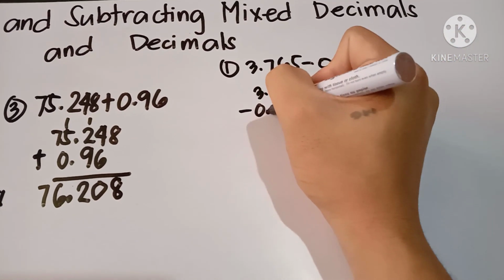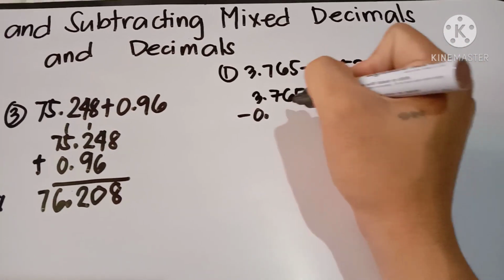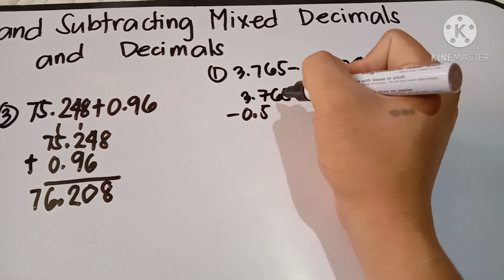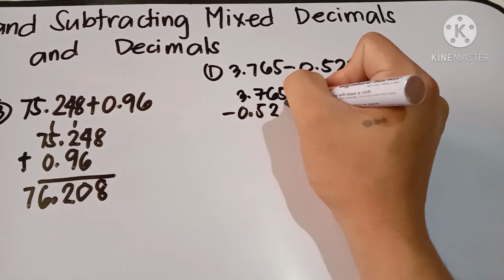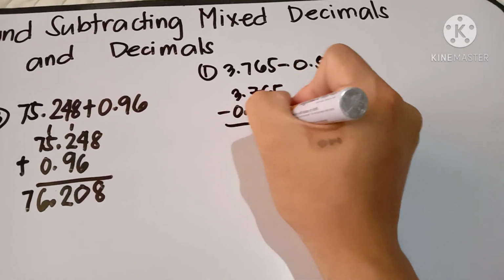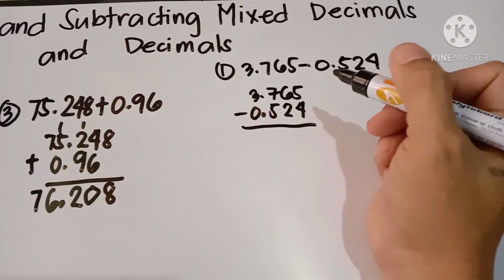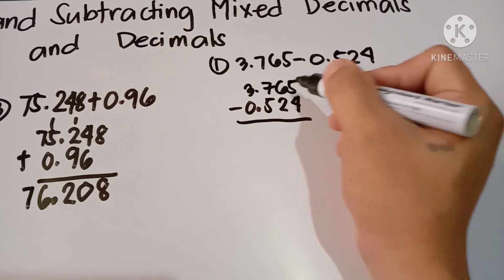See to it na naka-align ang decimal points, the same with the tenths digit, the hundredths digits, the thousandths digits, and so on. Then, start subtracting at the rightmost digit.